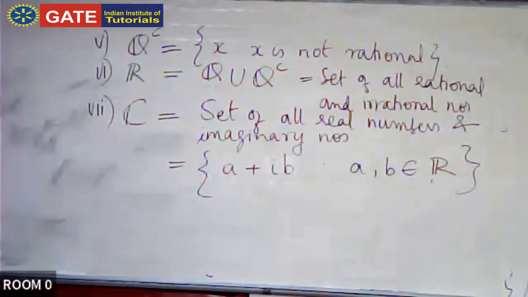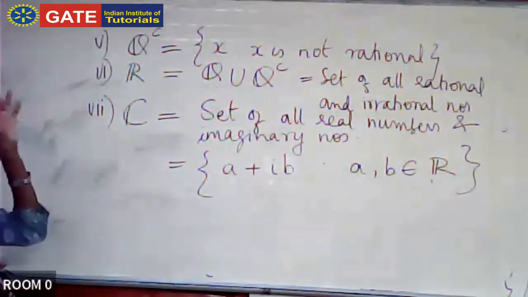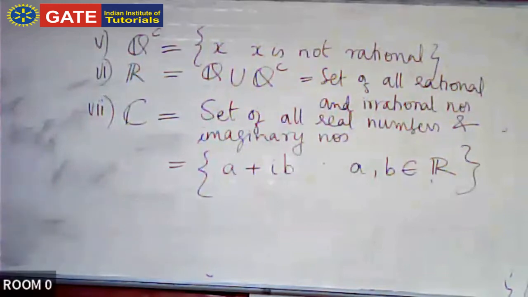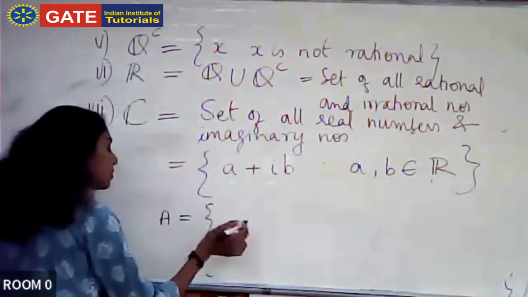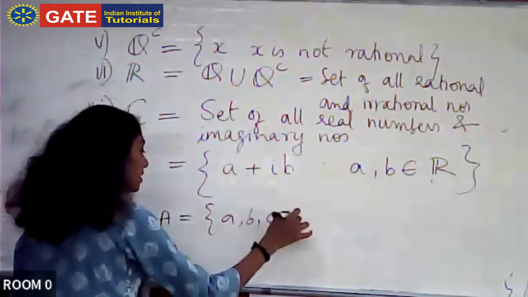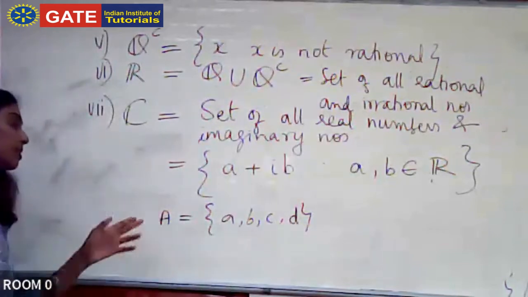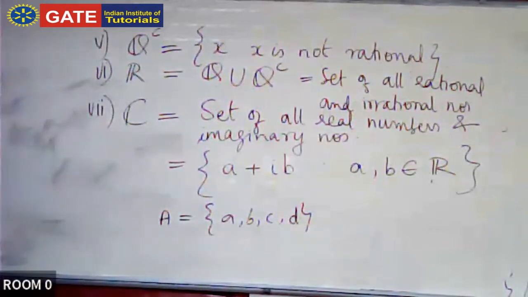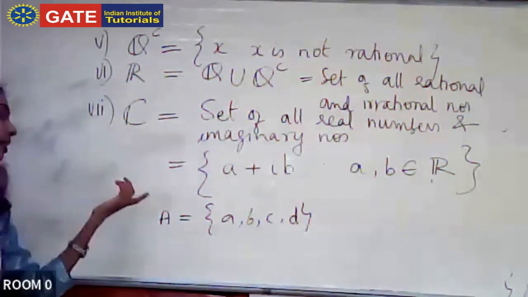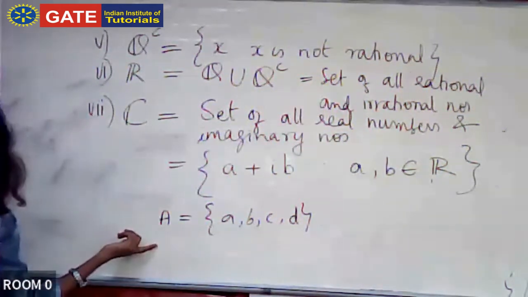And how can we find out the number of elements in these infinite sets? If it is a finite set, then we can find it out. Like if I say A equal to {a, b, c, d}, and I ask you what is the number of elements in A, the number of elements is also called the cardinality of a set.